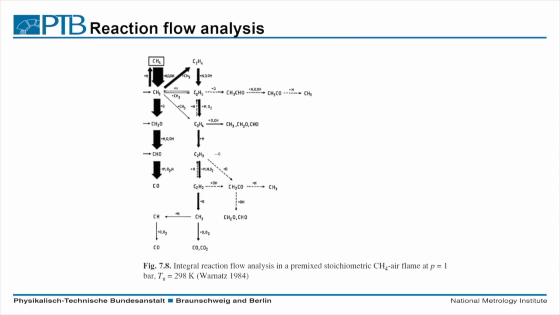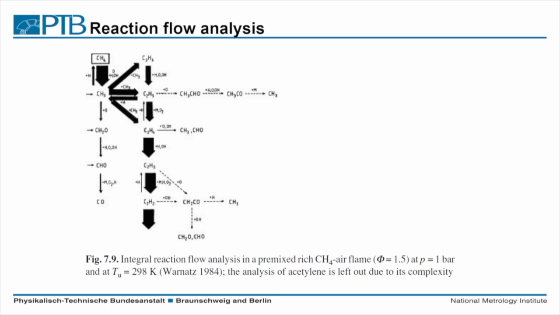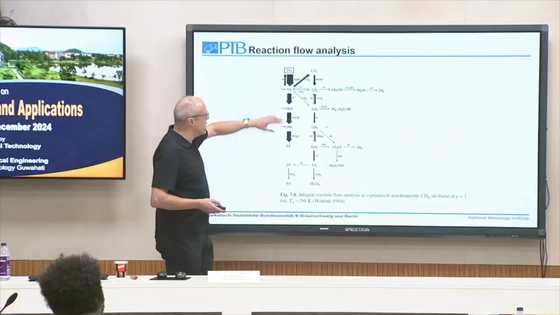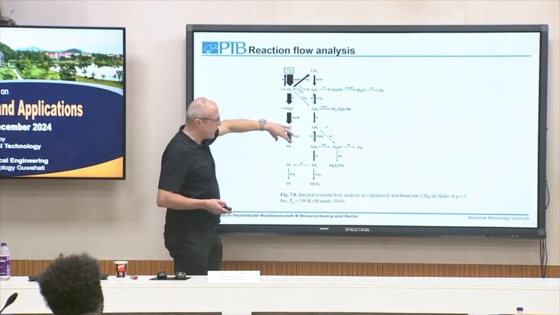So this again helps us to consider whether all the reactions I have in my mechanism are really necessary to solve my system for the complex setup I have. For example, this is for the lean flame.